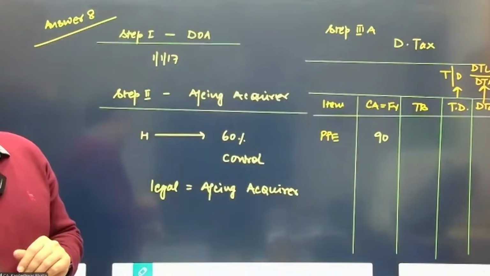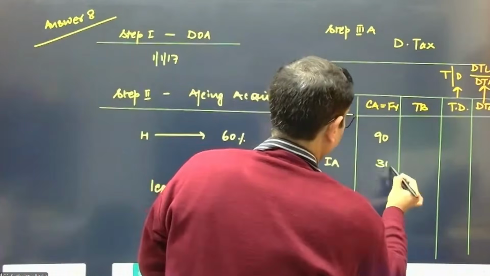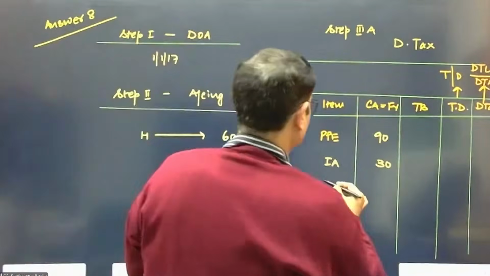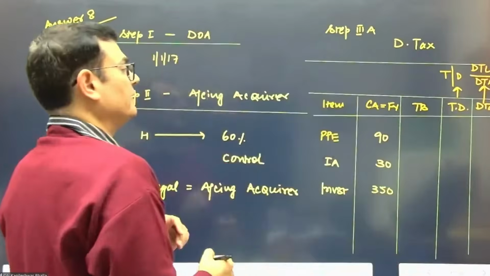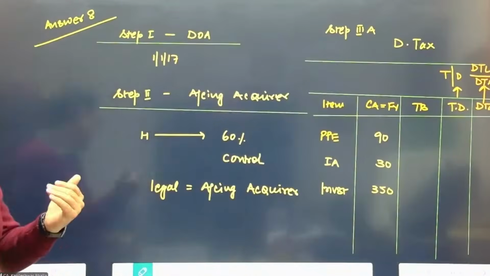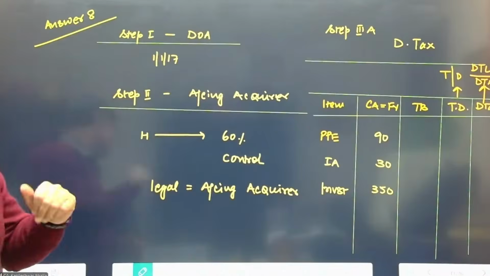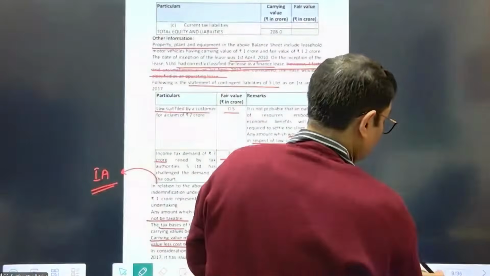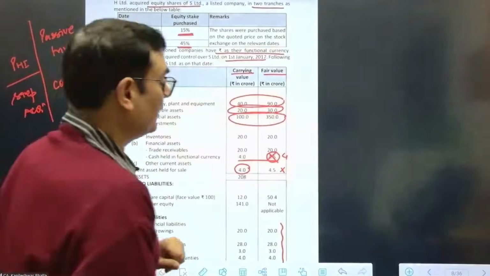And intangible assets, I think the fair value was 30. And the investments, I think the fair value was 350. So these are the fair values which we have taken. Now we can take the book values as well. So maybe you can also keep the question in front of you in the study material. So this is 40, 20, and 100.